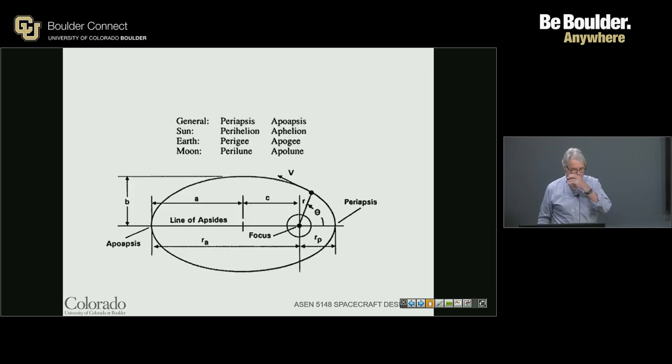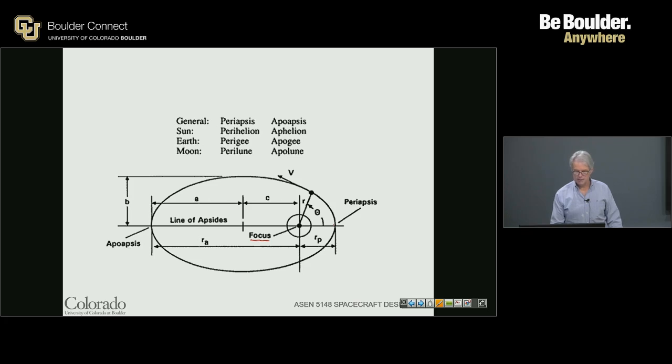Okay. A little bit about definitions. We need a planet to rotate and orient ourselves about, and that planet is at the focus of the ellipse. Some parameters related to the ellipse. First is the distance from this focus to the nearest point to the focus. That's called r sub p, radius of periapsis.